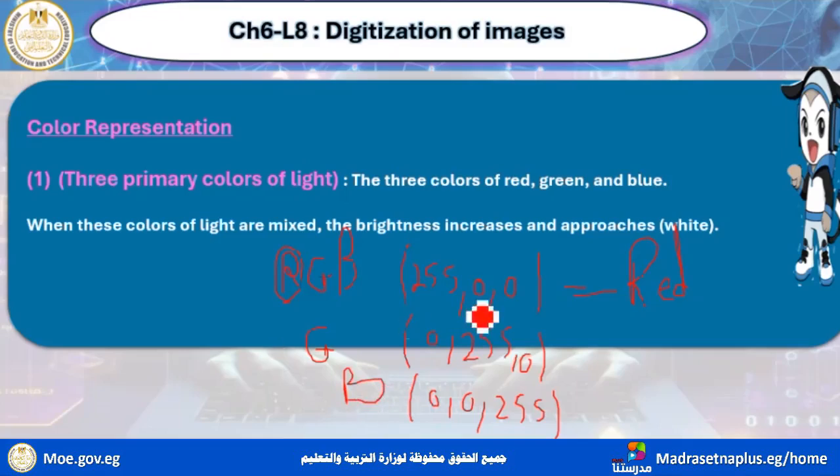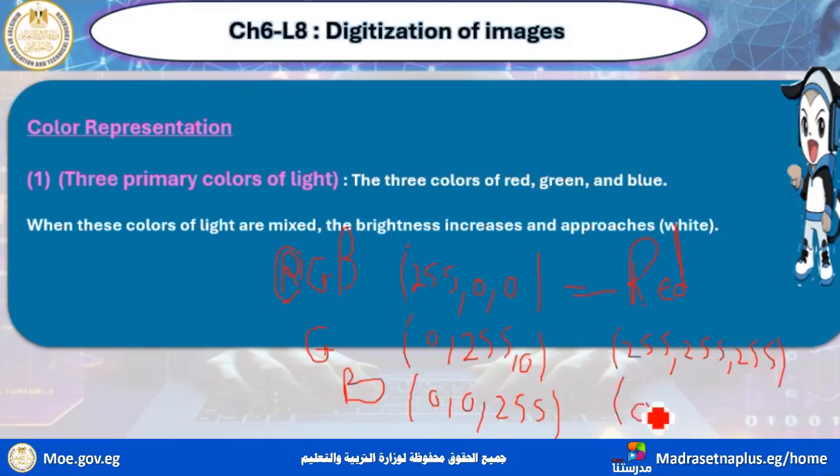Suppose we want to see how white is measured. It is 255, 255, 255, the mix of the three colors. So how is black represented?